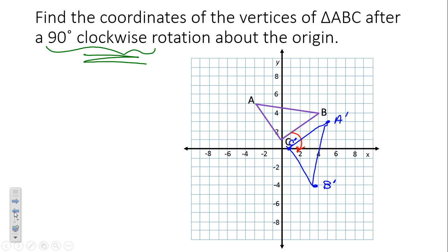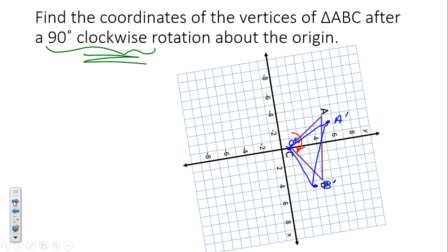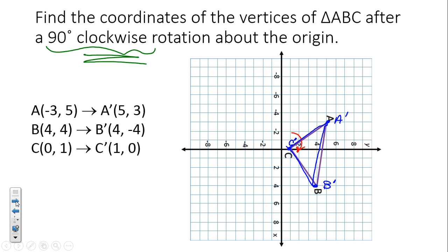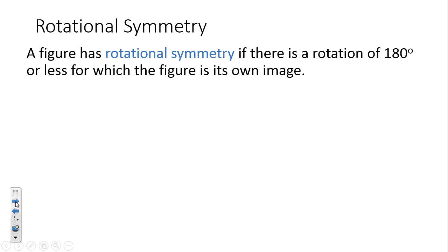All right, here's the next one. Rotational symmetry is if you have rotational symmetry for a figure, if there's a rotation of 180 degrees or less for which the figure is its own image.